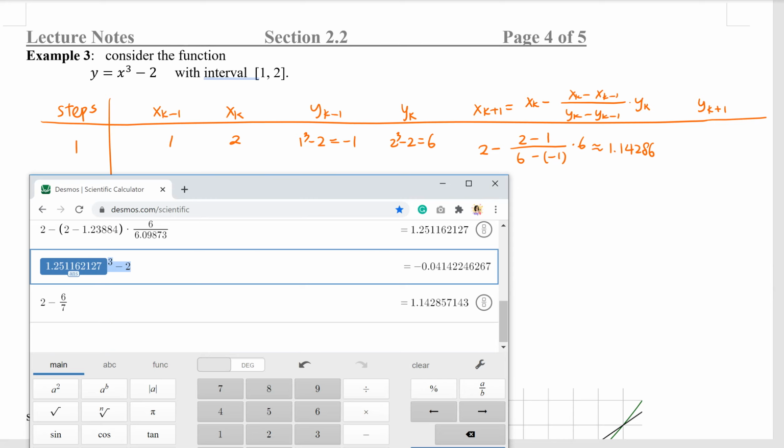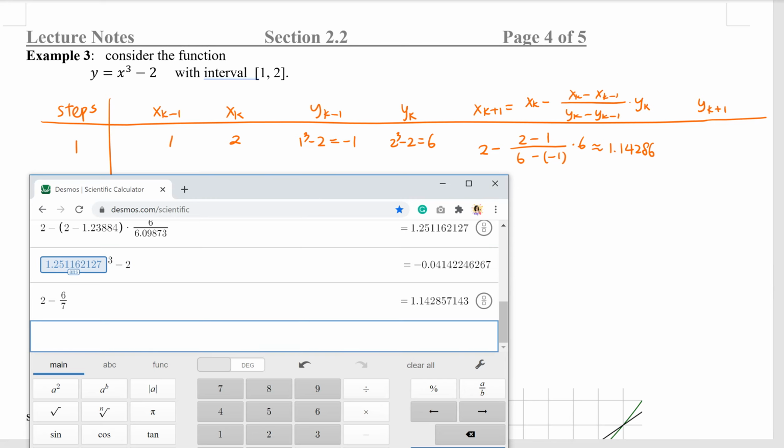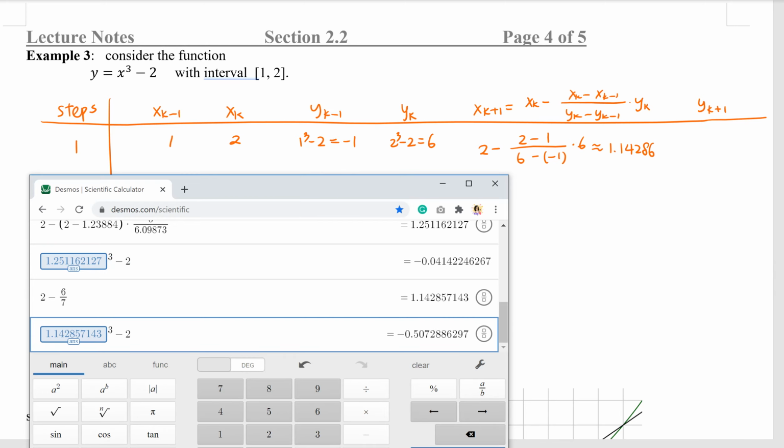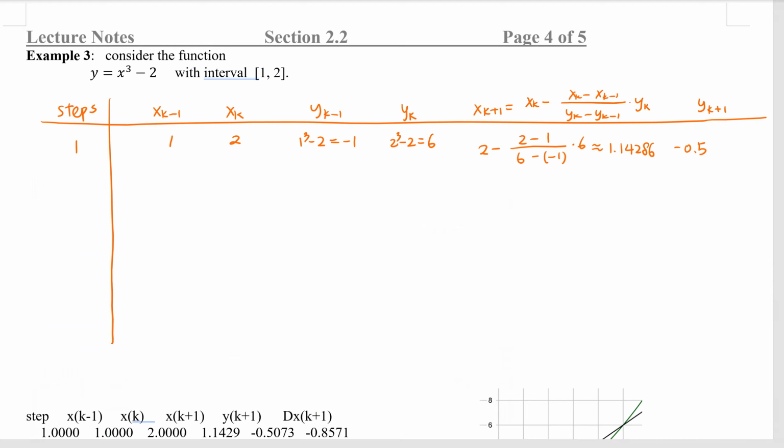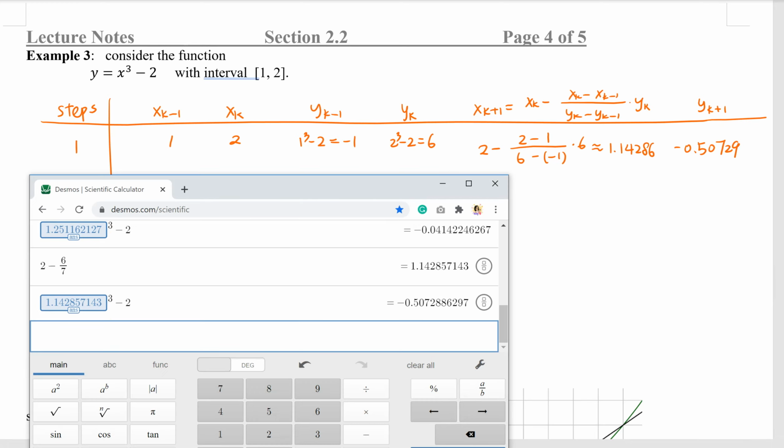So see, here we can copy again. If you have your calculator, just go up to the previous lines and then enter. So the answer is minus 0.50729. Is it? Let me see. Yes.